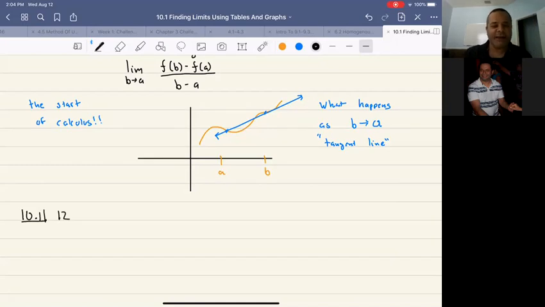That asks us to take the limit as x approaches -1 of x squared plus 2 by taking a table of values.